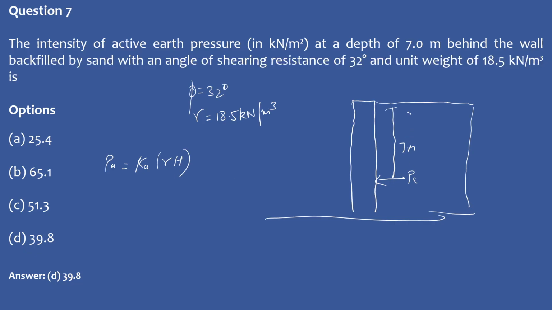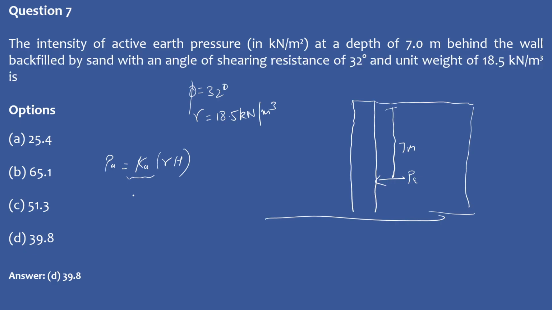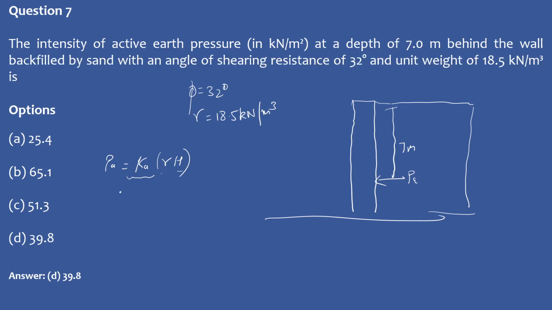You calculate the effective stress at this depth and multiply it with the lateral earth pressure coefficient corresponding to the active earth pressure, also called the lateral active earth pressure coefficient, K. We have gamma h. The only thing needed now is how to calculate Ka. It's given by 1 minus sine phi upon 1 plus sine phi.